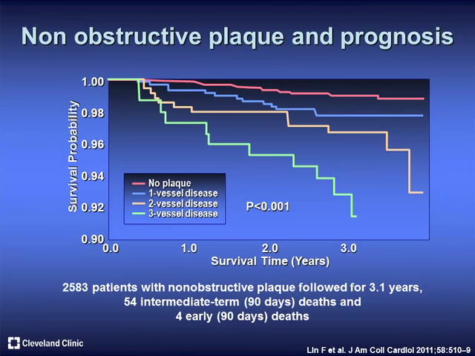On the flip side, these were standard symptomatic patients who underwent CT angio. In people who did not have significant stenosis, if you had no non-obstructive plaque, your outcomes were good. If you had non-obstructive plaque in 1, 2, or 3 vessel disease, your outcomes were proportionately worse. And this is hard event data.